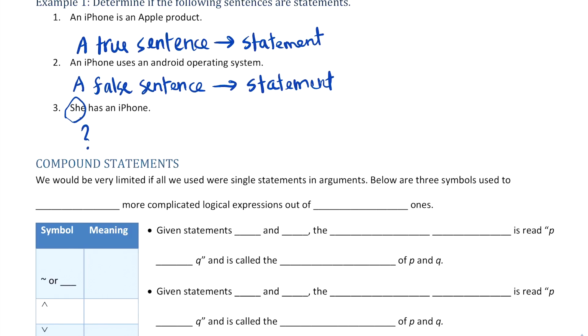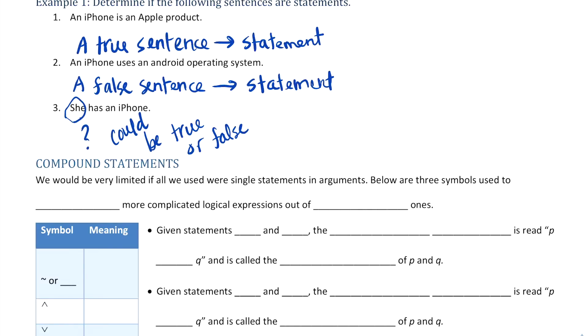So we don't know. So we would not call this a statement that we'd use in an argument because it's not defined enough.